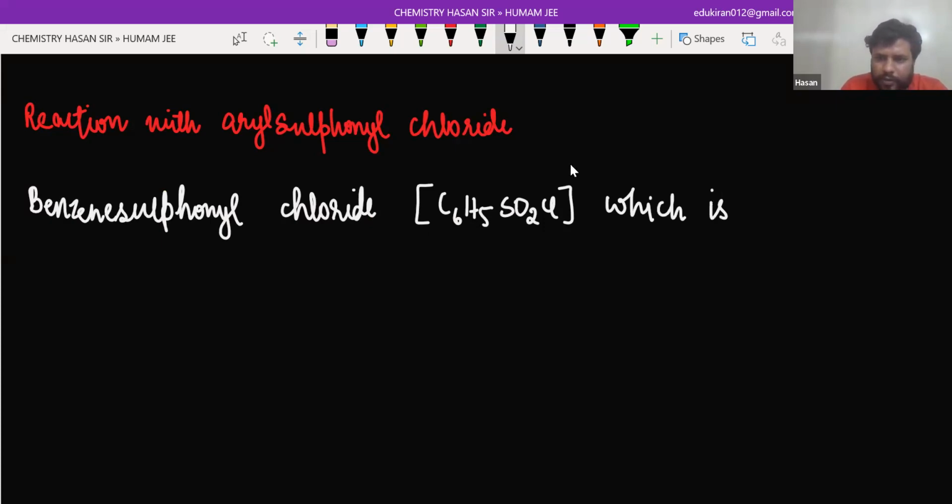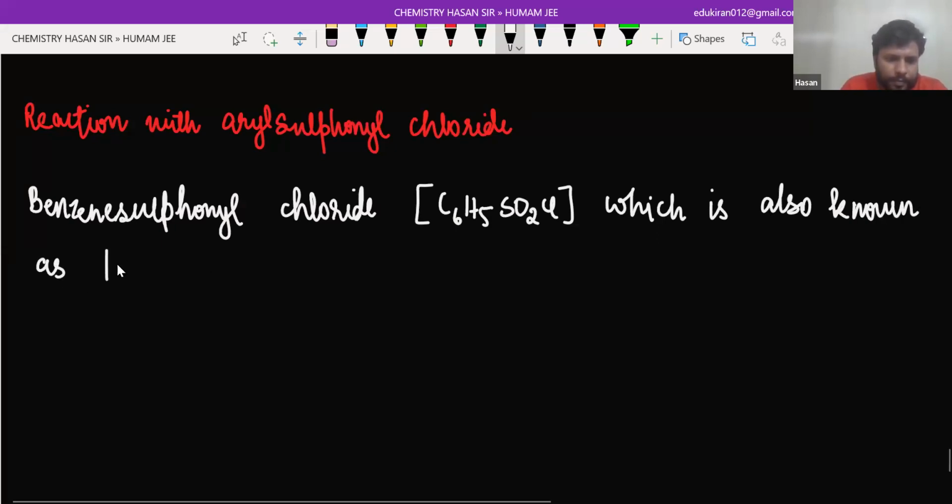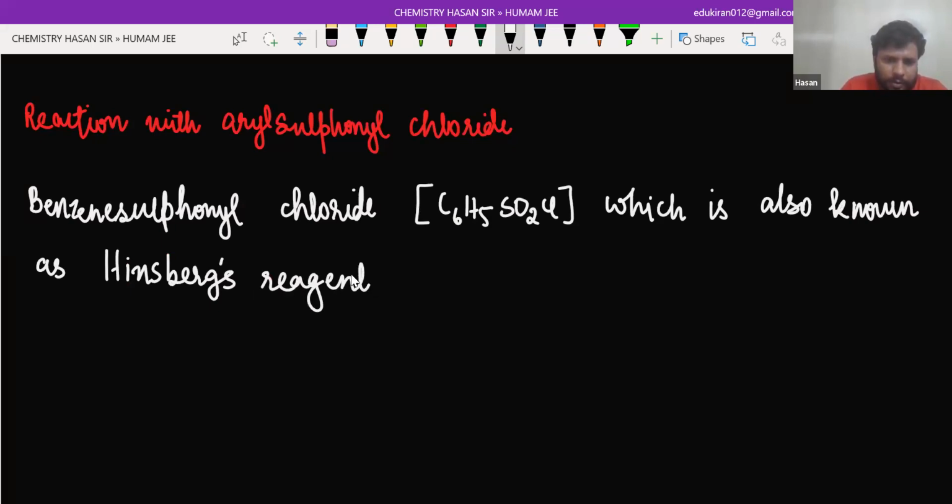which is also known as Hinsberg's reagent.